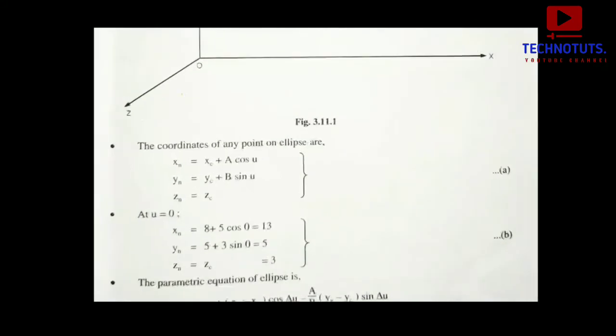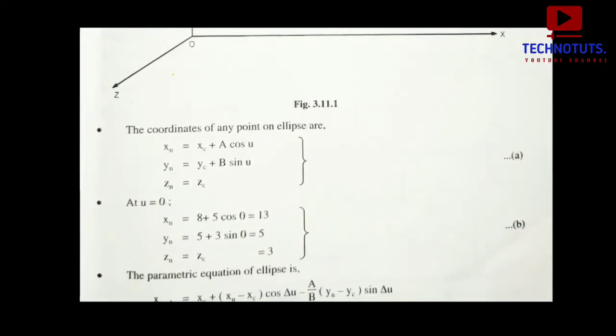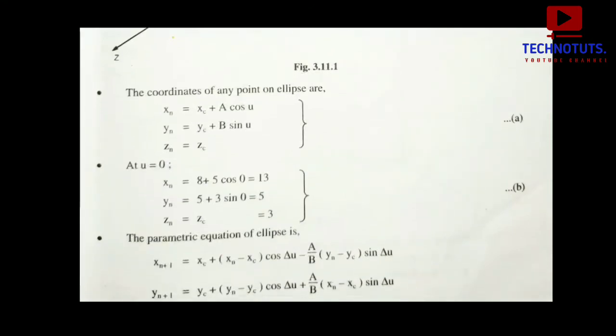So at u is equal to 0, xn is 8 plus 5 cos 0, because xc is 8 and the semi-major axis A is 5 units, which is equal to 13. At u is equal to 0, yn is equal to 5 plus 3 sin 0, which becomes 5, and zn is equal to zc, which is 3.